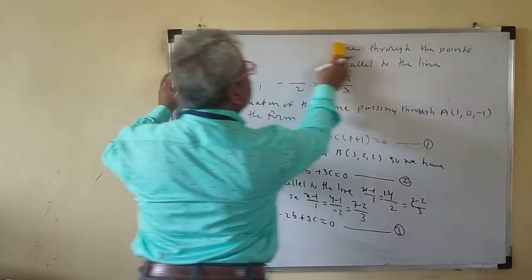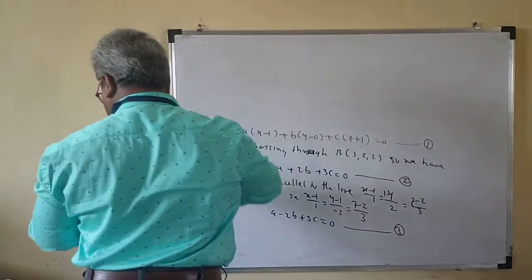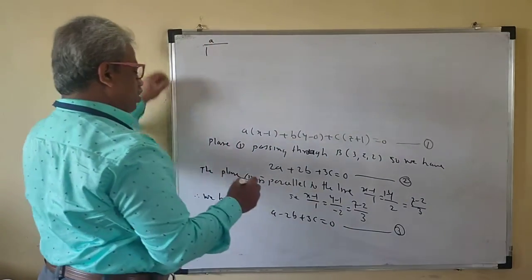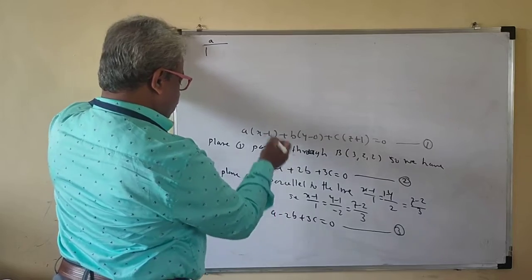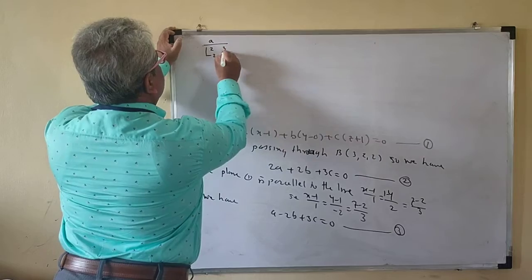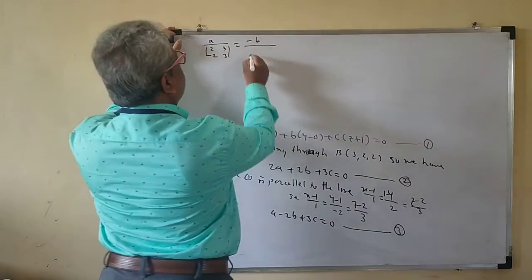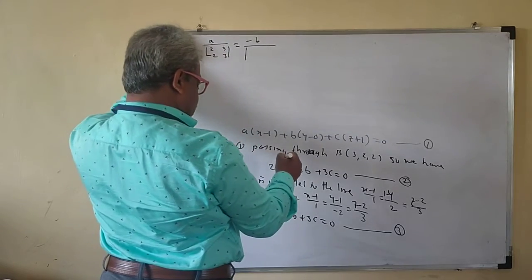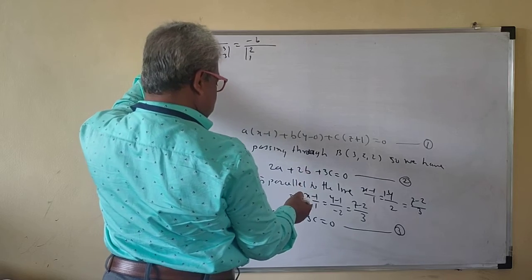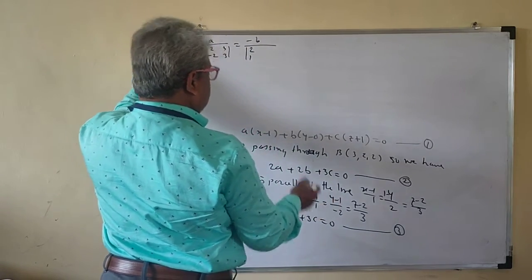You need to find a, b, c now. Okay. So this is: a upon the coefficients of b and c, 2 and 3, minus 2 and 3. Minus b upon the coefficients of a and c, 2, 3 and 1, 3.